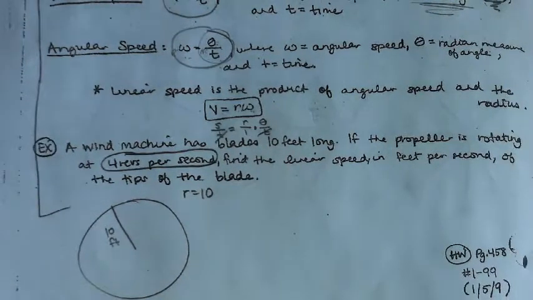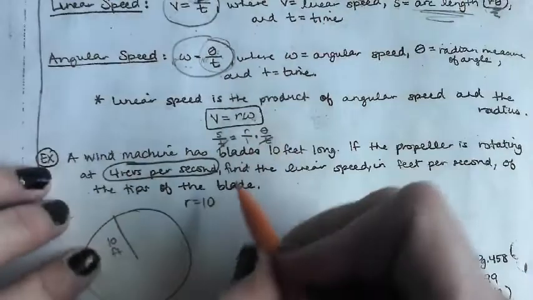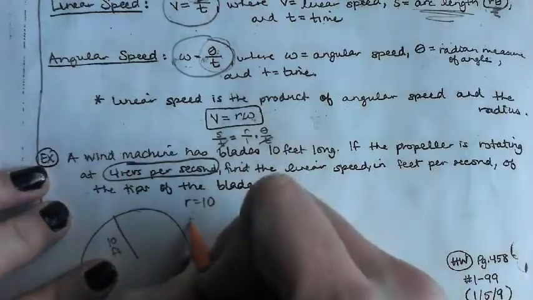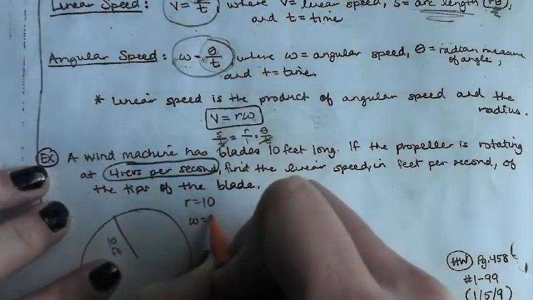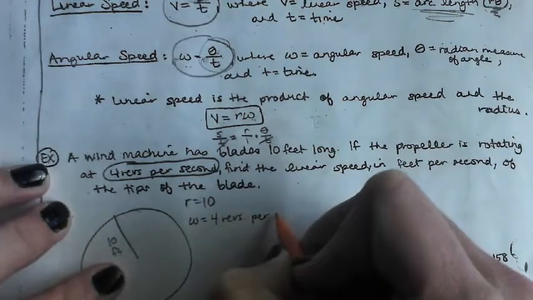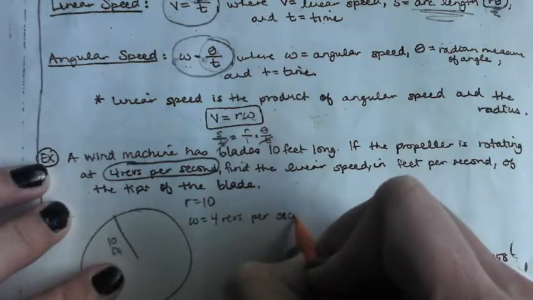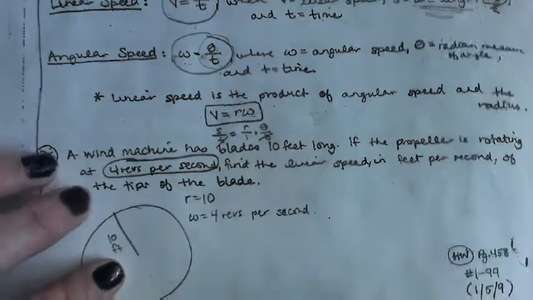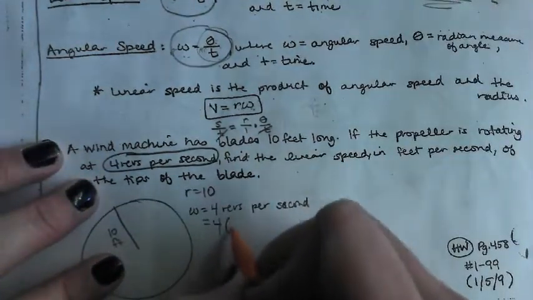That might not be familiar to you. That is essentially angular speed. It gives you the change in angles or the change in rotation per unit of time. So we have an angular speed that is 4 revolutions per second. Now, what is each revolution? 2 pi.